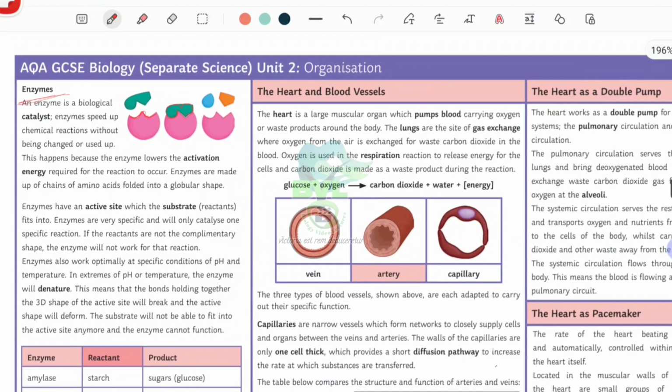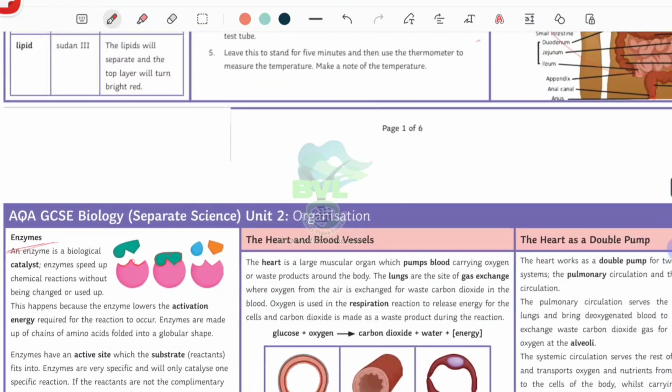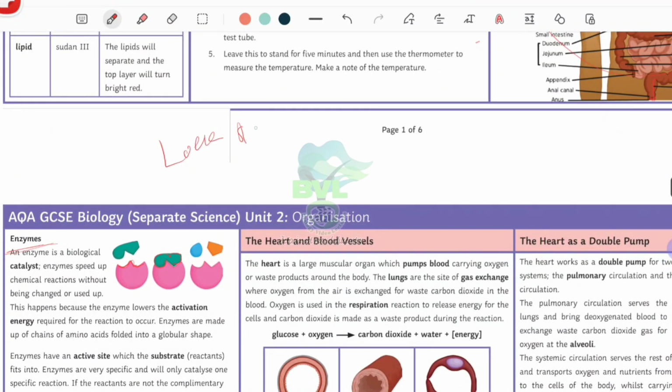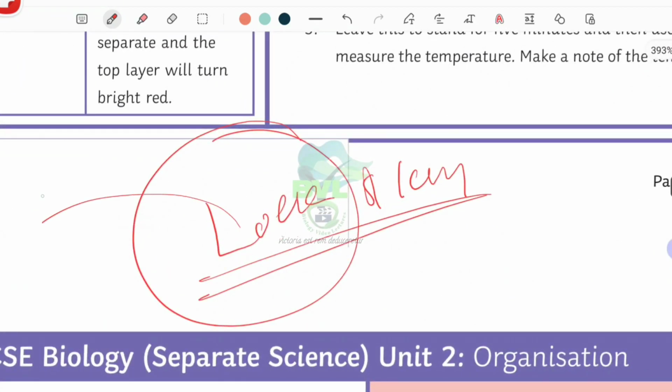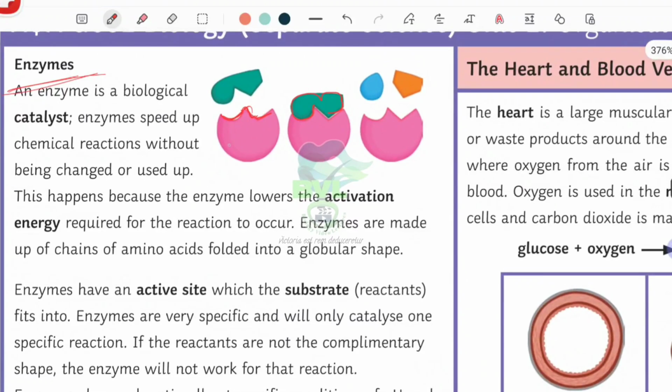Now, there's something you want to remember, which is called the lock and key model of enzymatic reaction. So the lock is the enzyme, and the key is the substrate. As you're seeing here, this is your lock, and this is the key.